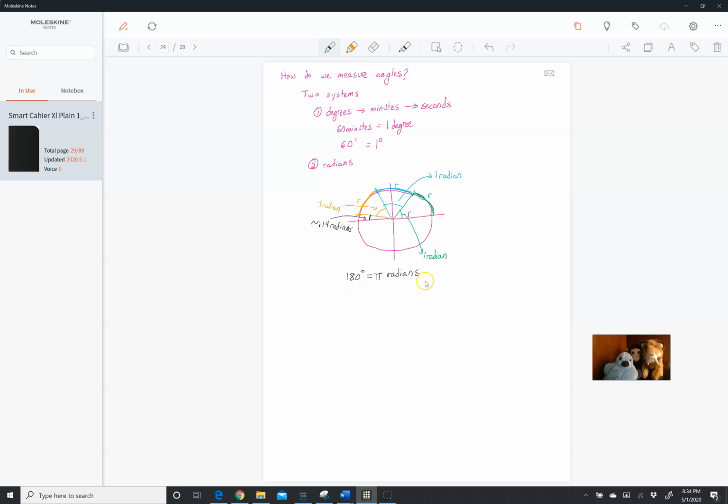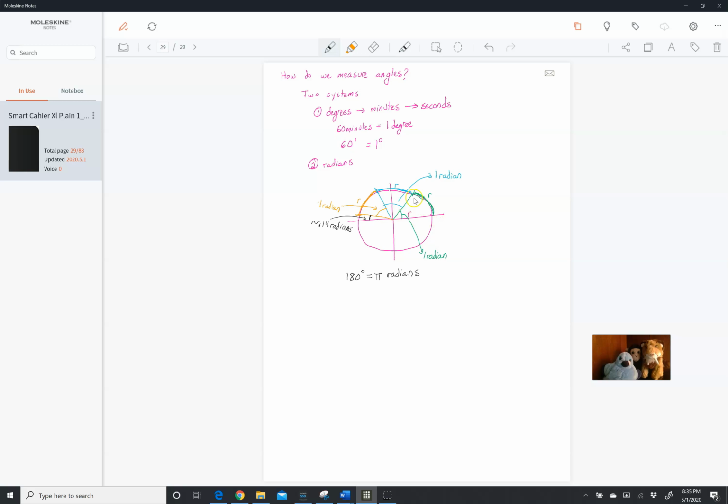Now, the reason why we use radians, there are a few reasons. One big reason is that a lot of formulas are made much easier because we're using radians. So for example, if I wanted to find the length of this arc, if I'm in degrees, it's a much more complicated formula than just saying, oh, it's the length of r, okay?